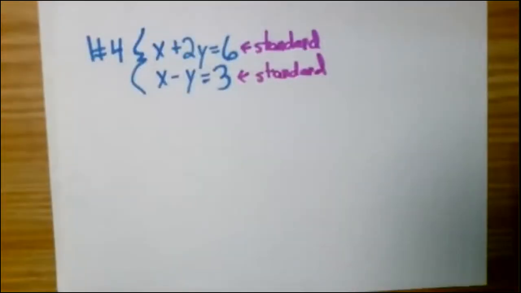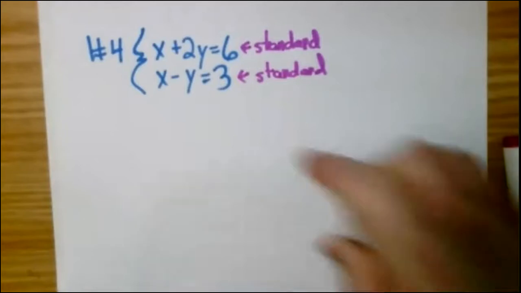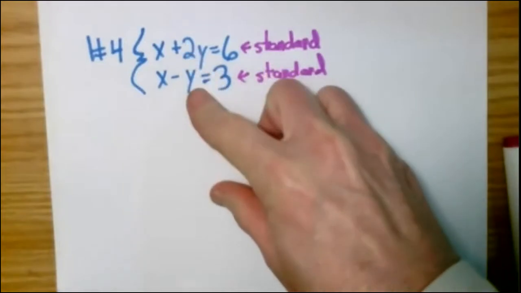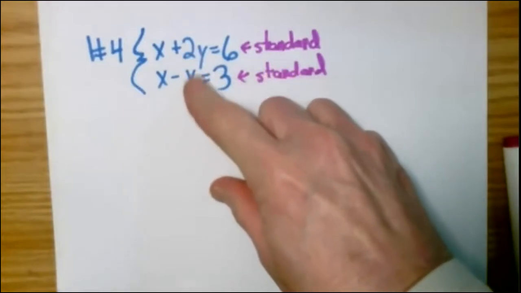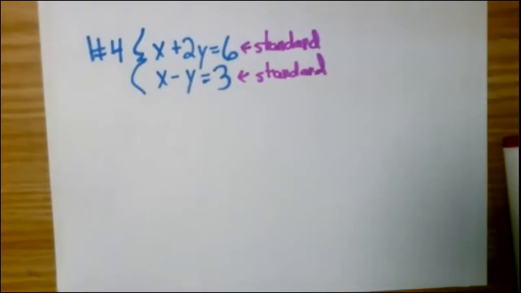So we have a little bit of an issue because we don't have anything with y equaling something, right? So our first step then is to get one of these equations to have y equaling something. So my best bet is to pick the equation where there's no coefficient in front of the y. So this one has no coefficient, right? It just basically has an imaginary 1 in front of it.